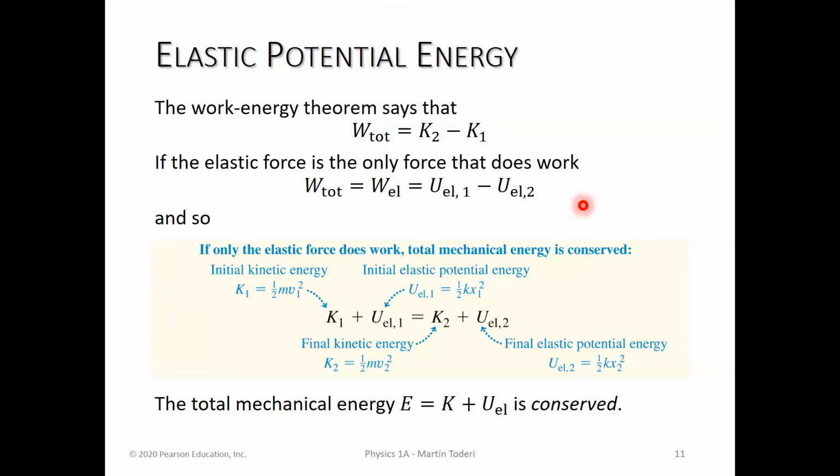So I was saying that we have the work of the elastic force, which is the only force that's acting. Actually, not the only force that's acting. It's the only force that's doing work. Because of course we can have the weight, right?